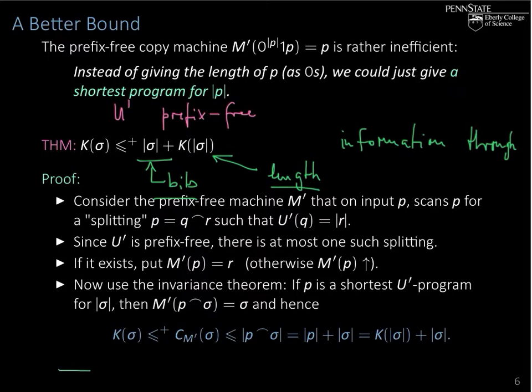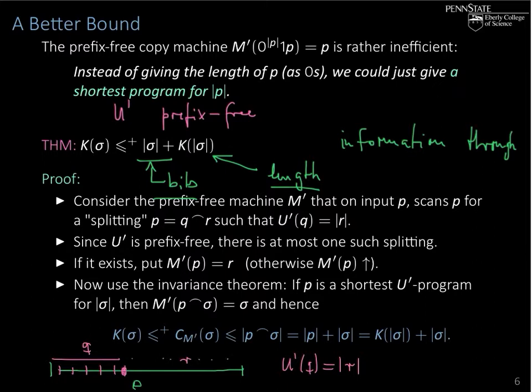So again, we have this one big input P here. And for this input, our machine M prime starts scanning the initial segments for a possible input Q, so that when I feed Q into the universal machine, I get as an output U prime of Q, the length of R, the length of the remaining string.